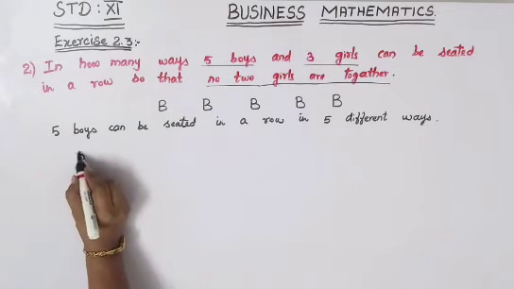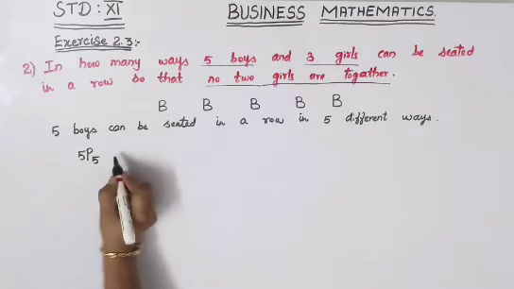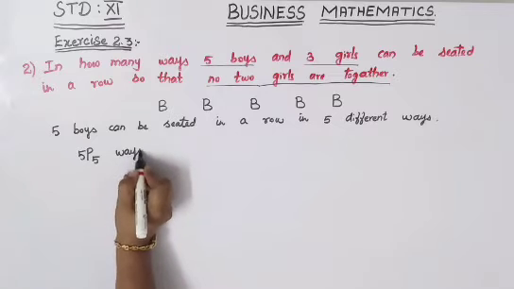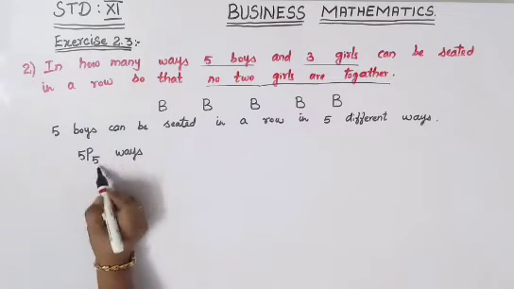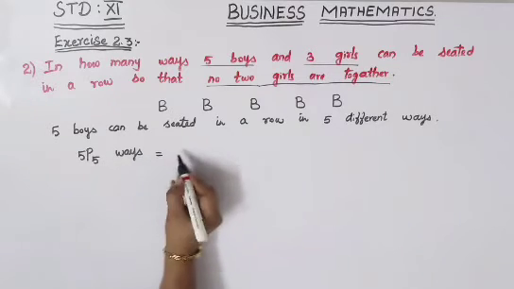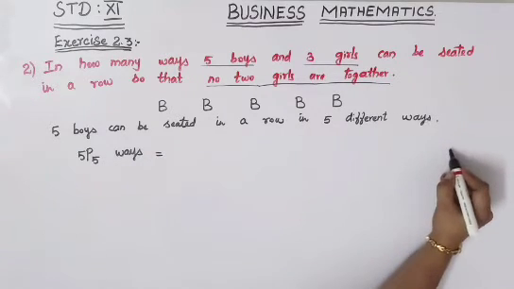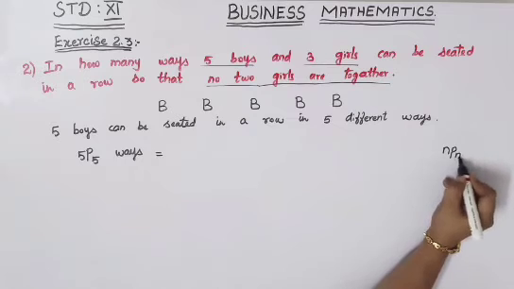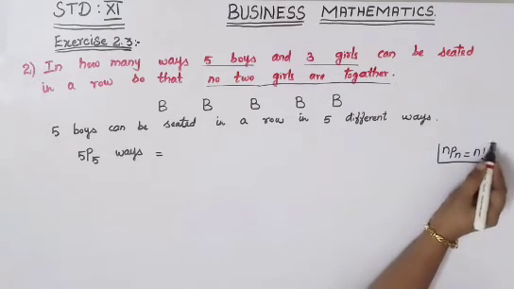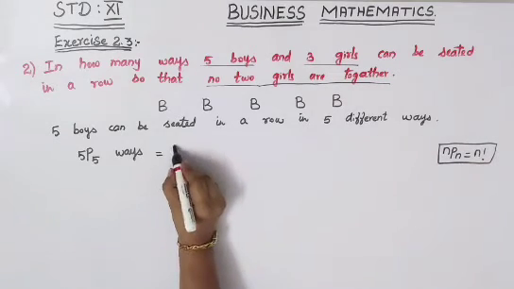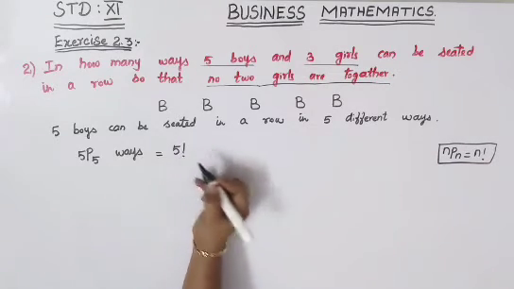That is 5P5 ways. 5 boys, and how many ways? 5 ways. So 5P5 ways. That is equal to, you have got one formula, that is nPn is equal to n factorial. So 5P5 means you will have 5 factorial. So this is for boys.